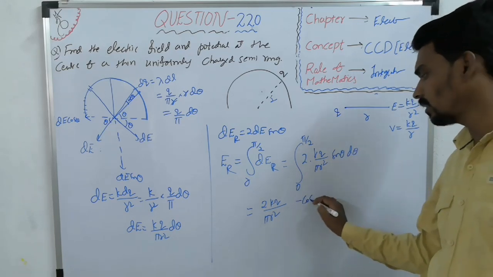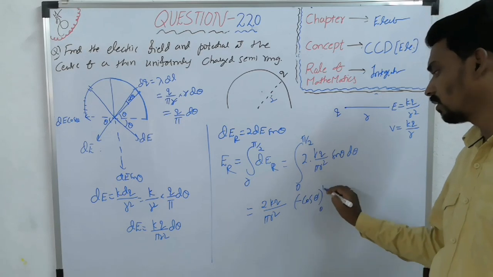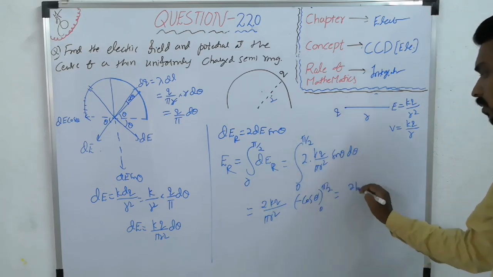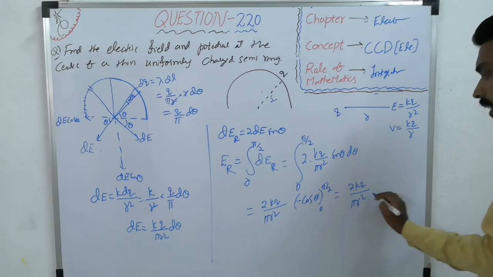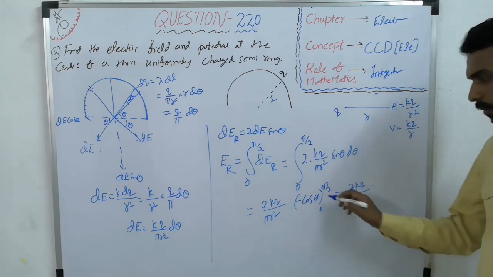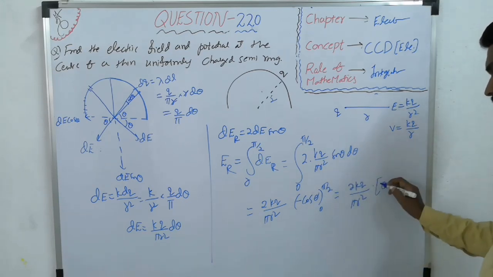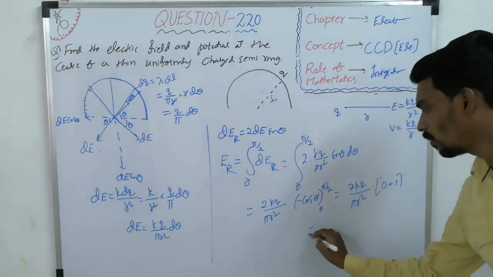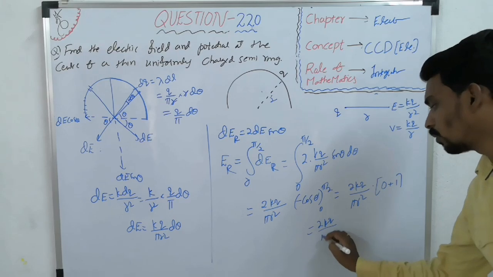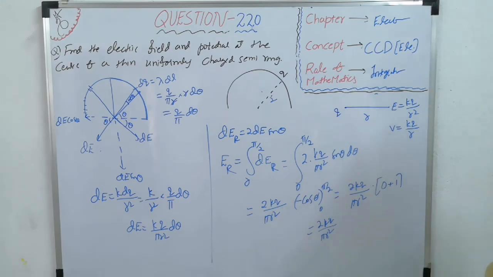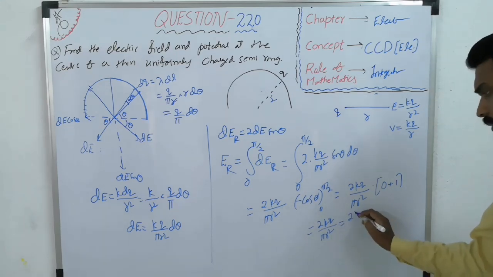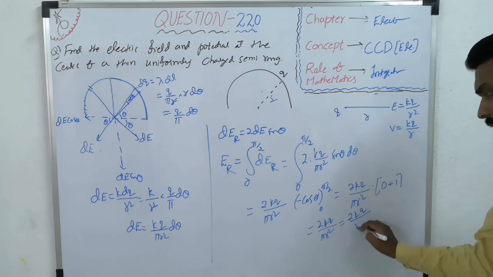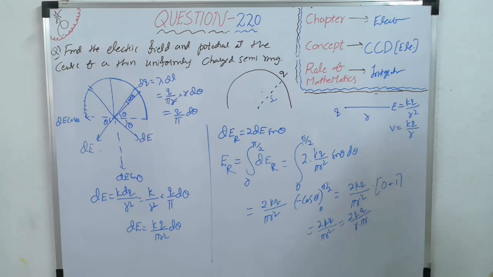Integration of sin theta is minus cos theta, 0 to pi by 2. So 2 kq by pi r square into minus cos pi by 2, which is 0, minus of minus plus cos 0, which is 1. So how much is the field? 2 kq by pi r square. Or else I can write 2 kq by r into pi r.